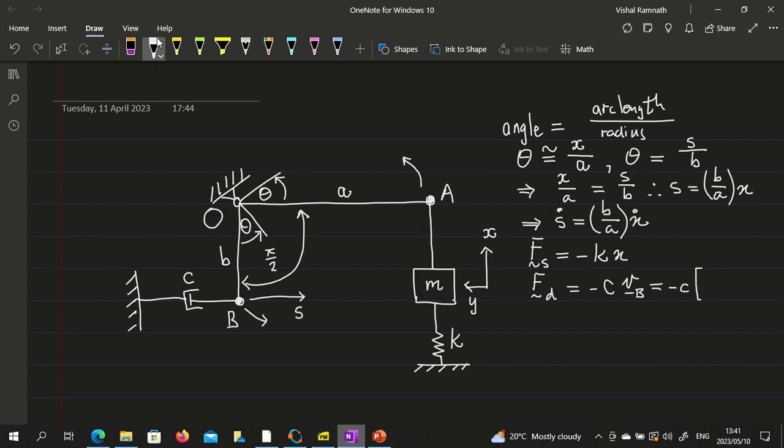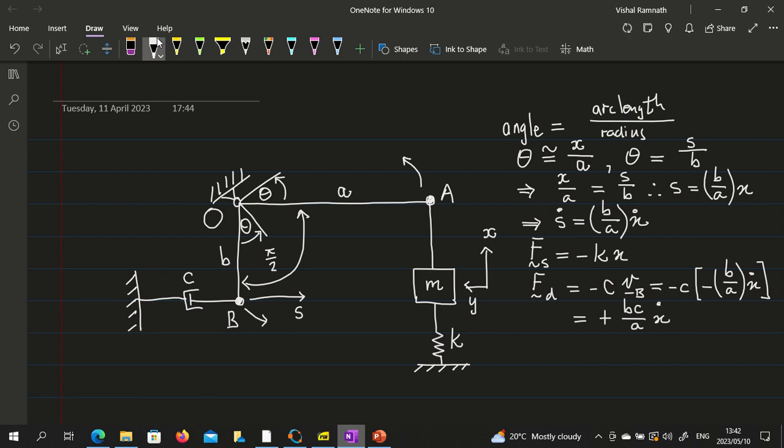So it is moving in this direction, but this is a negative direction because positive y we assumed is towards the left, and then point B is moving towards the right. So the direction of the velocity of B is actually minus b over a x dot, which is then positive bc over a times x dot.